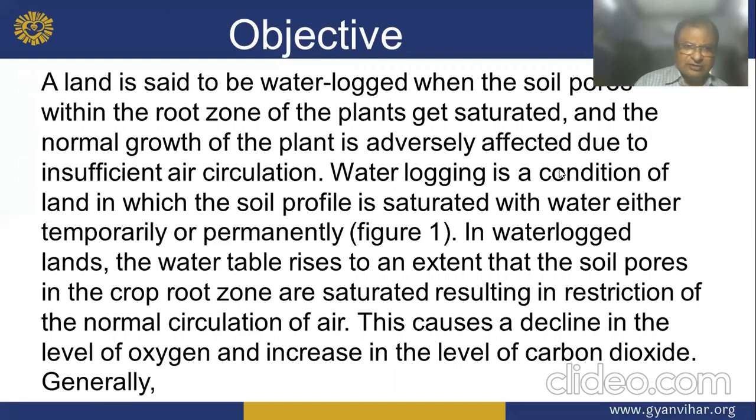In waterlogged land, the water table is raised to an extent that soil pores in the crop root zone are saturated, resulting in the restriction of the normal circulation of air. This causes a decline in the level of oxygen and an increase in the level of carbon dioxide generally.